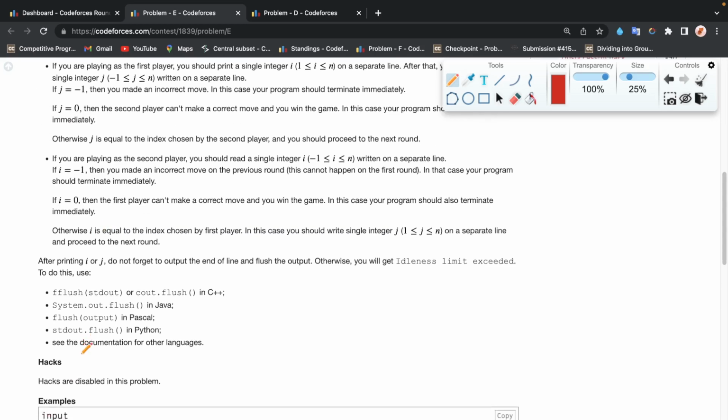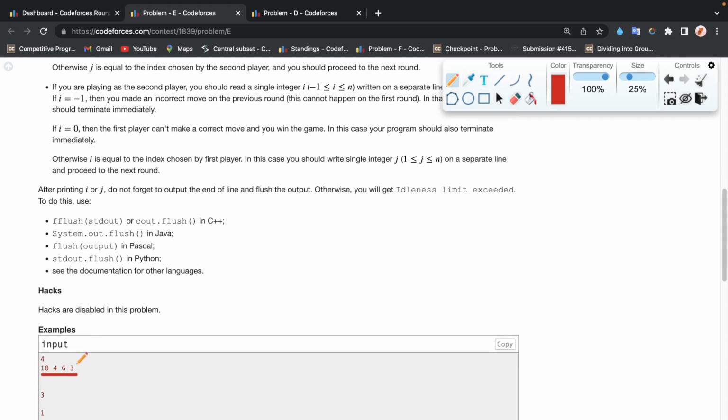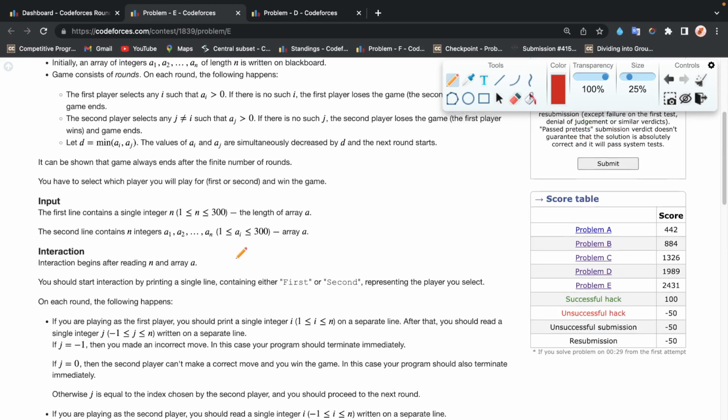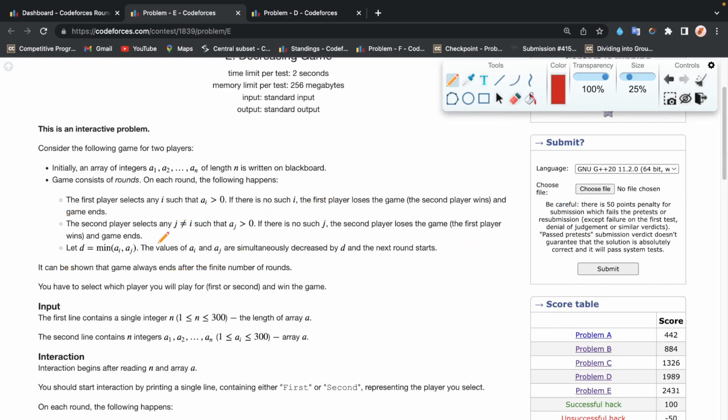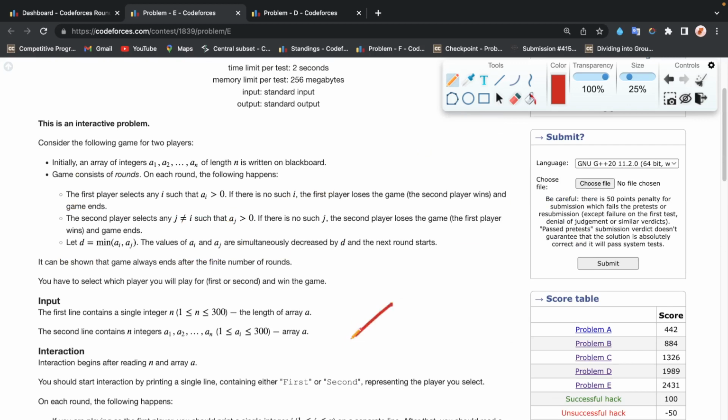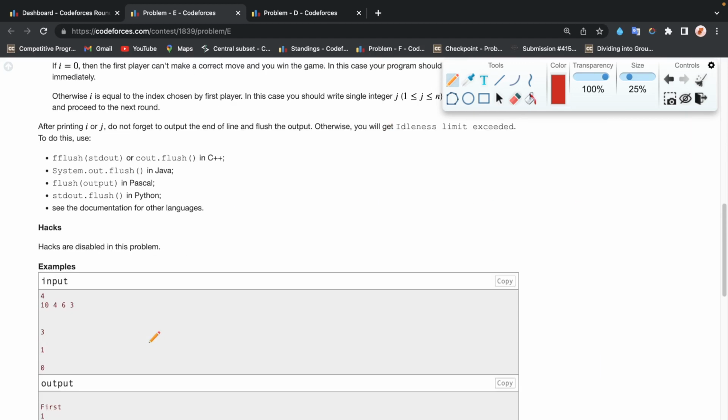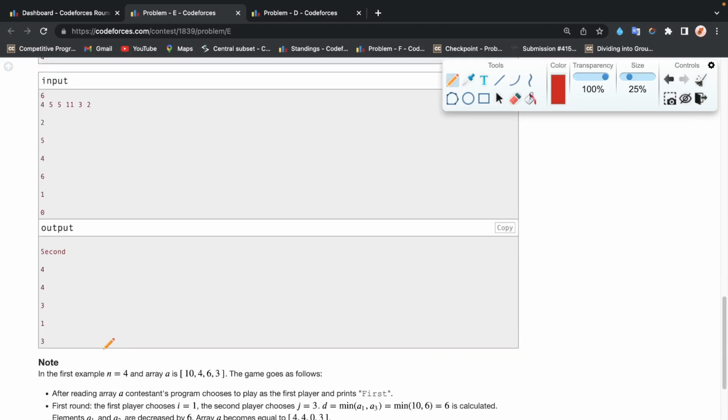So here first always wins because if you choose 3, all the numbers are different and after 3 rounds the game will end. In the first round one number becomes 0, in the second round one number becomes 0. There will be no round in which both numbers become 0. If there is no round where both numbers become 0, in the end there is some XOR remaining. Then the first player wins, otherwise the second player wins.